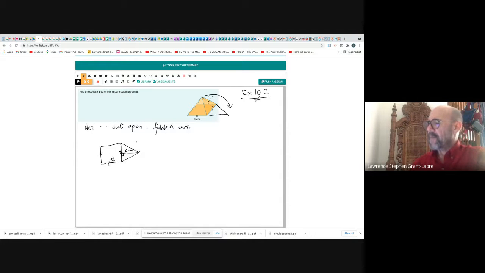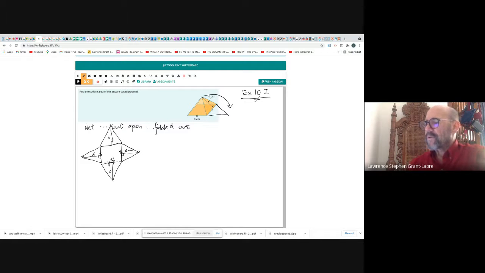And then you will see that all triangles will fold out, and there will be 4 of them, and they're all identical. So they all have this length of 6. When they fold out, this is a rough diagram, but they will all have an altitude from the tip to the base of 6 centimeters.